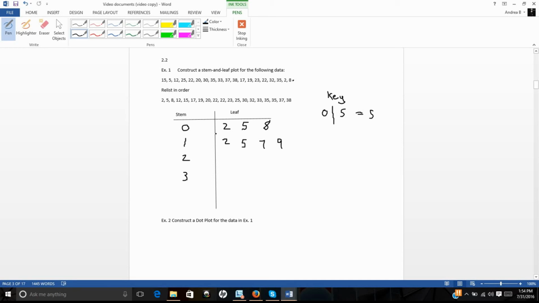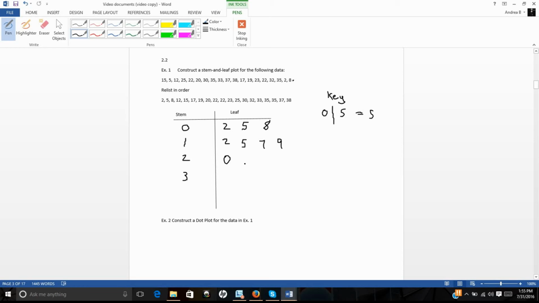For the numbers in the 20s, we have a 20, so we'd have a 0 there. Keep in mind that if you put a 0 in the leaf, that means you had a number that corresponds to that. If you happen to have a stem that has no leaves, meaning you had no numbers in the 20s, for instance, you would leave it completely blank.